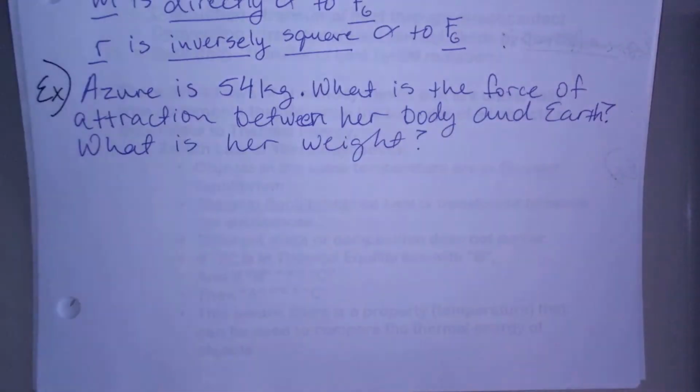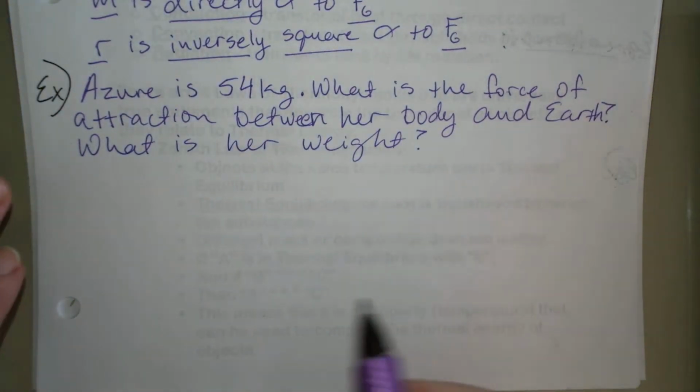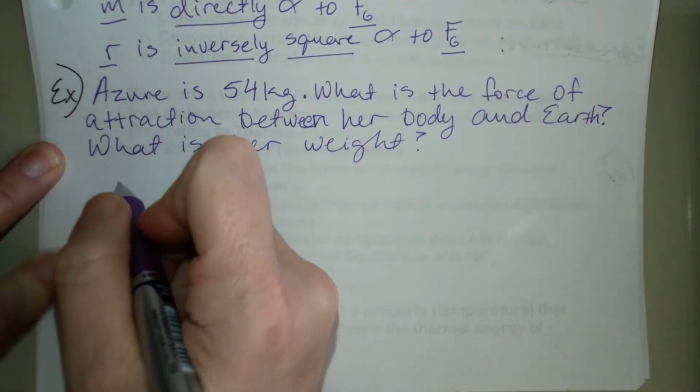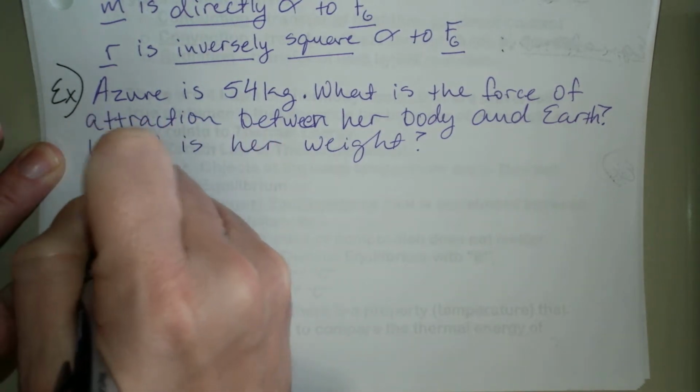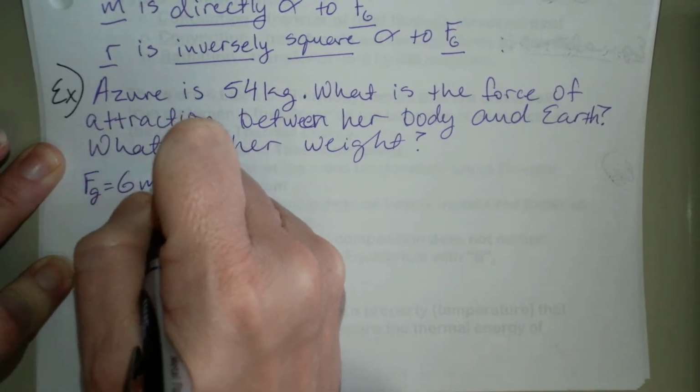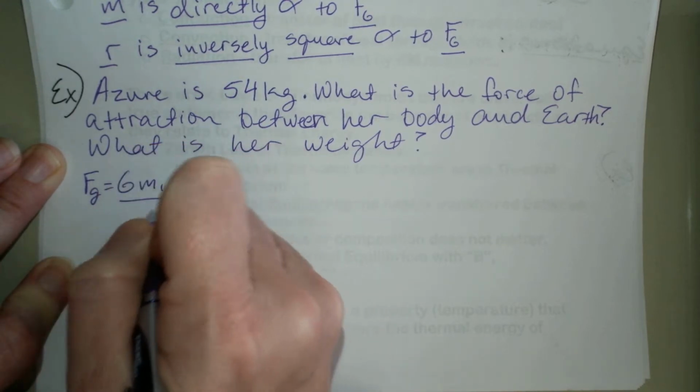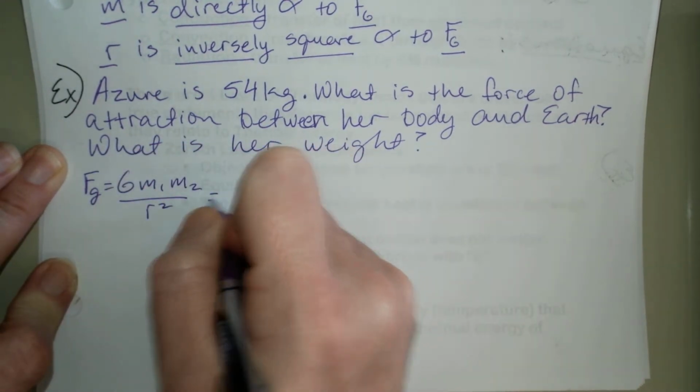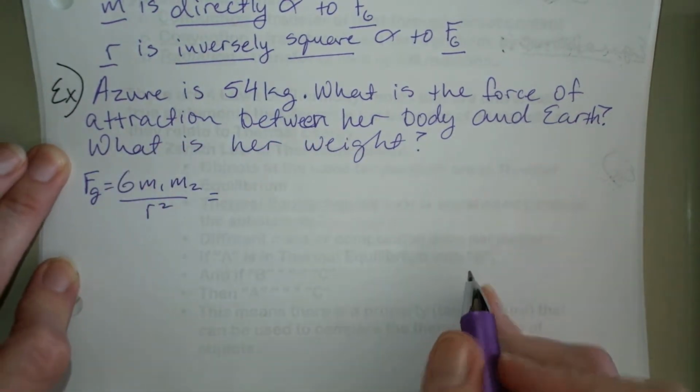First, I'm going to write my formula because I'm looking for Fg. Fg equals big G M1 M2 over R squared. Then I'm going to plug all those numbers in.